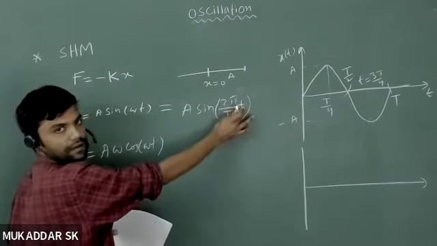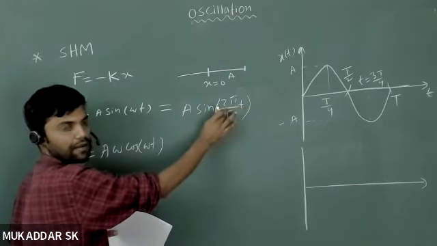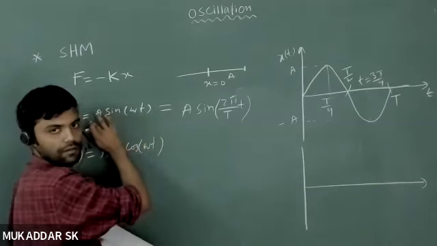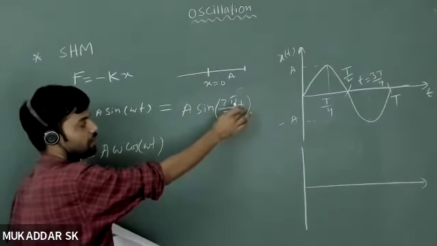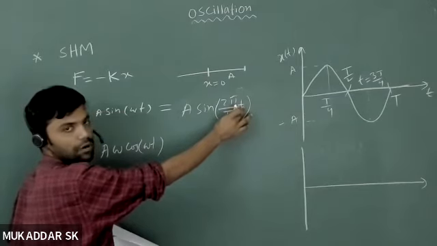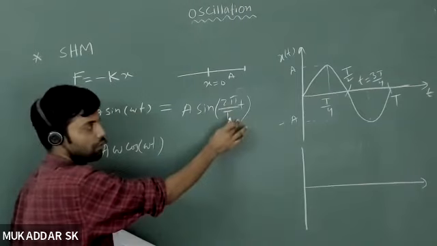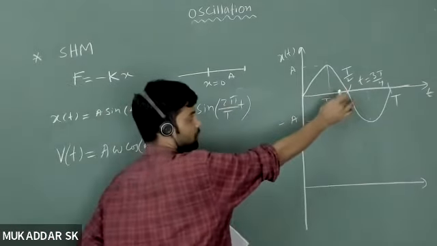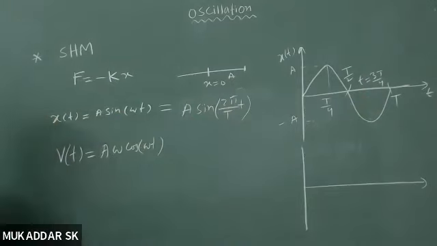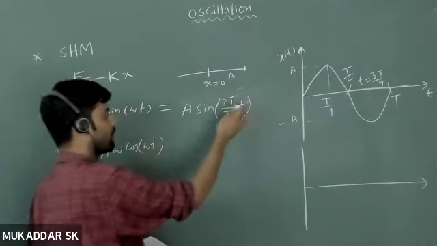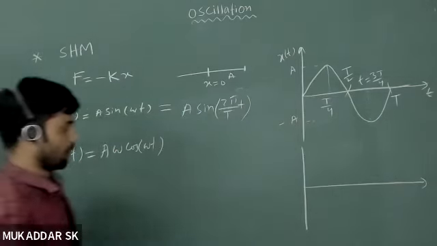If you put capital T by 4 in place of small t, it becomes pi by 2, so x will be capital A. If you put capital T by 2 in place of small t, it becomes sin pi, so it will be 0. So this point corresponds to this, and you can explain the other terms also. Whatever I have plotted, you can explain from this equation itself. Okay.